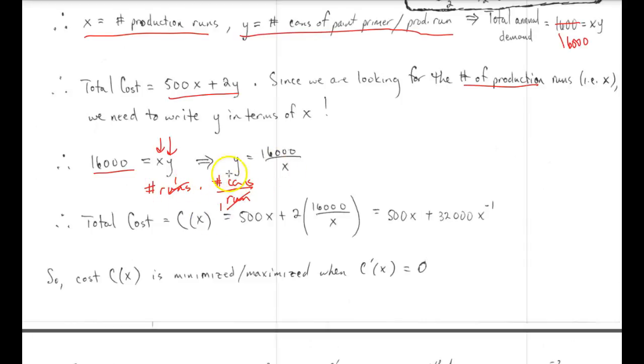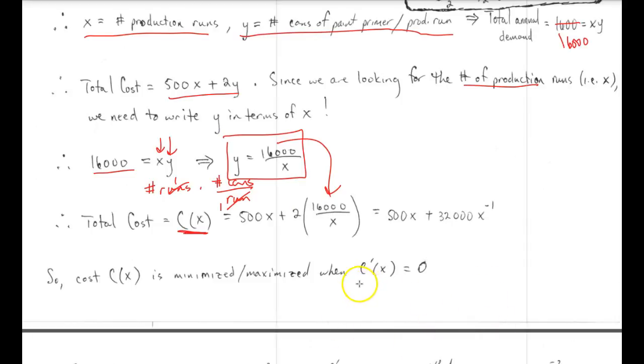So we just end up with the number of cans. And thus, we can write the number of cans per production run in terms of X, which is going to be the number of production runs. So now we have something to replace Y with. So now we take all this and just substitute it for Y. And now we have a cost function in terms of just the number of production runs. And so now what we want to do is minimize that.